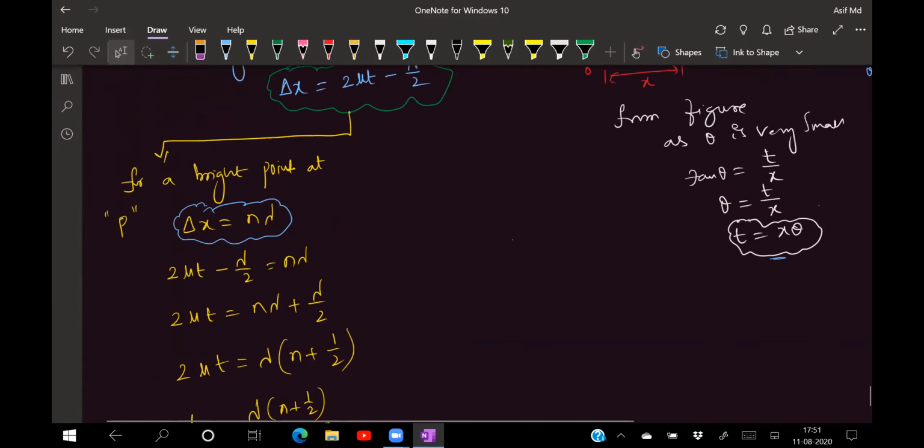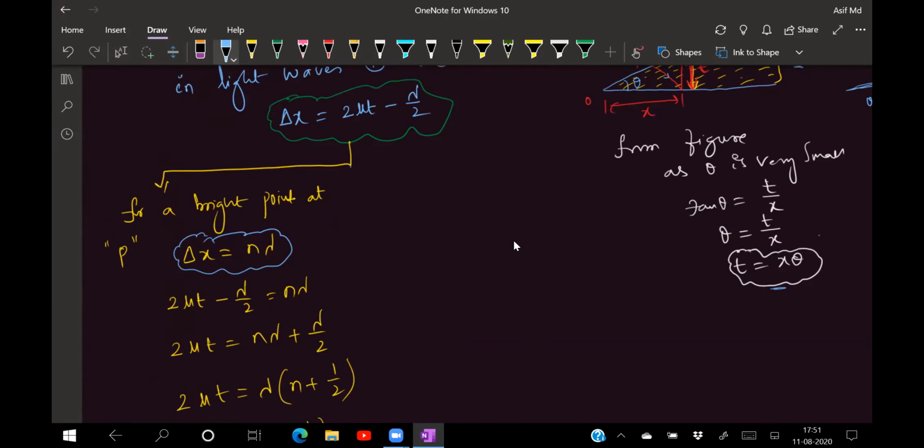In the same way, if I'm talking about a dark point at P, now at a dark point, if I'm writing the relation, delta x again will be equal to how much?